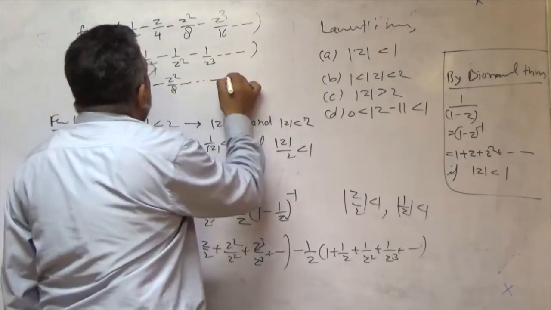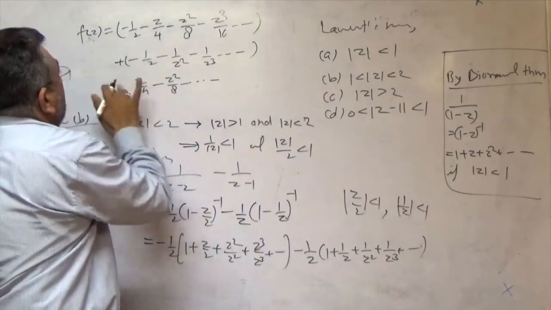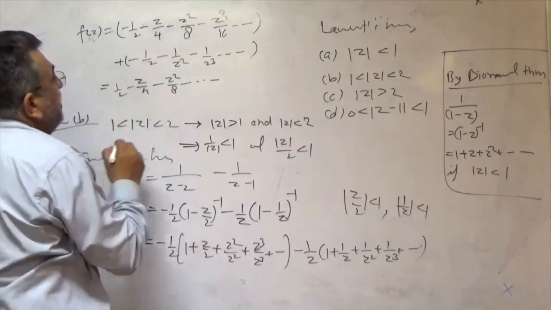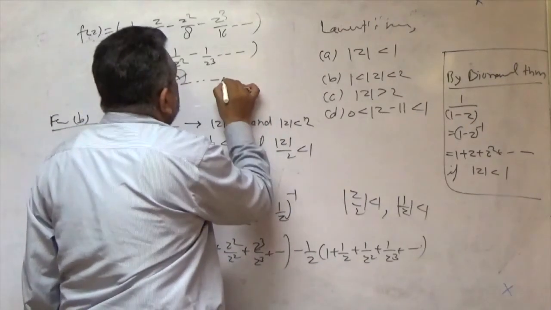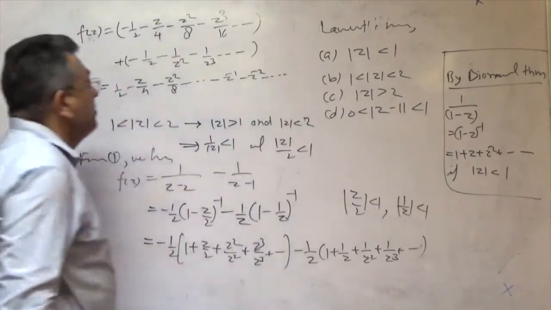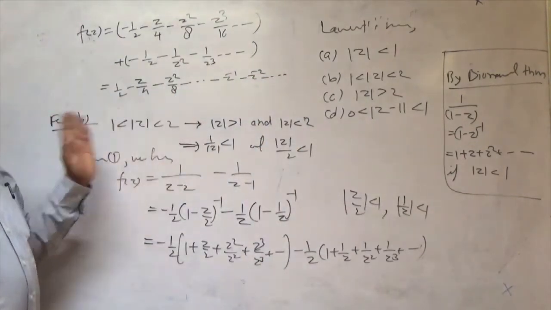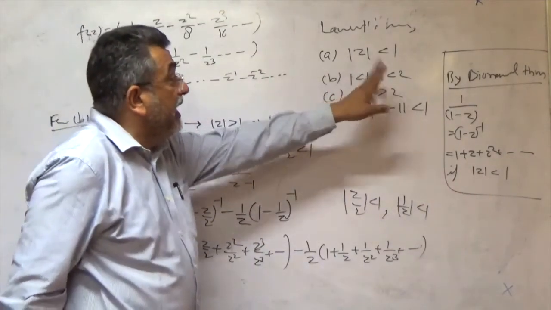In second bracket, this is minus half, minus 1 by 2. In second bracket, that is 1 by z means z to power minus 1, z to power minus 2 and so on. So here you see that this is your required expansion of given function for this region B, mod z is greater than 1 and less than 2.